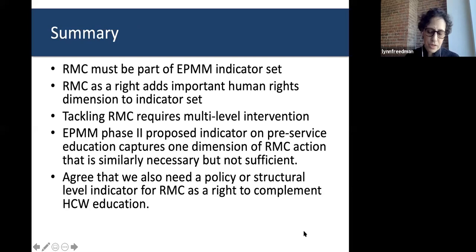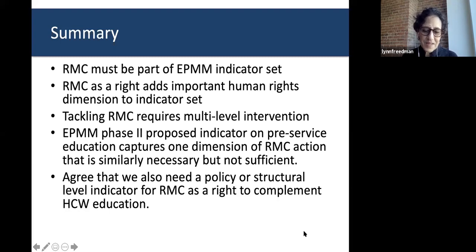I think there's no question that it is an element of maternal health and the prevention of maternal mortality and morbidity that absolutely needs to be in an indicator set going forward. Similarly, looking at RMC as a right adds a very important human rights dimension to the indicator set. And so I endorse the idea of seeing RMC as a right.